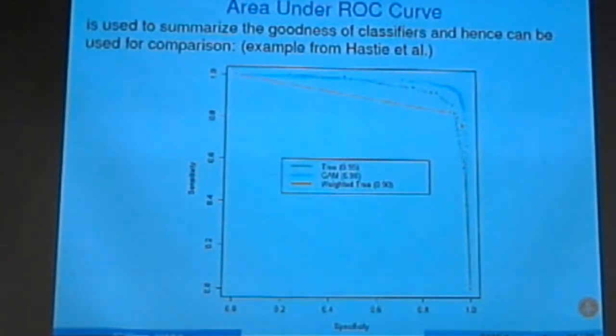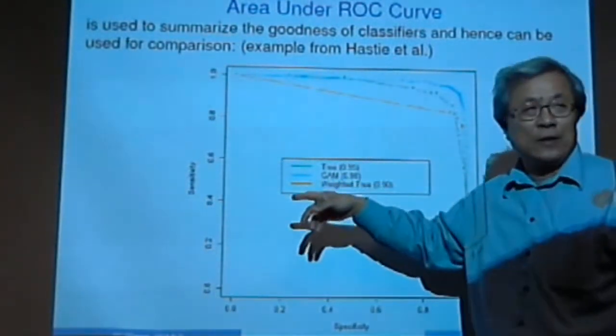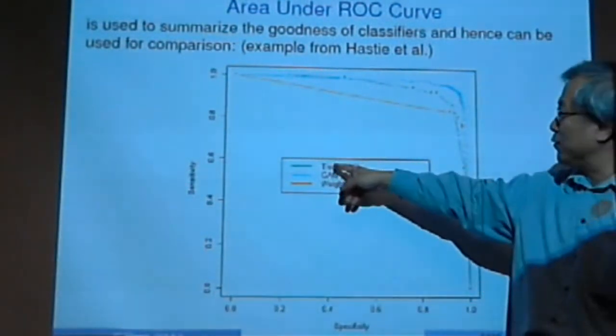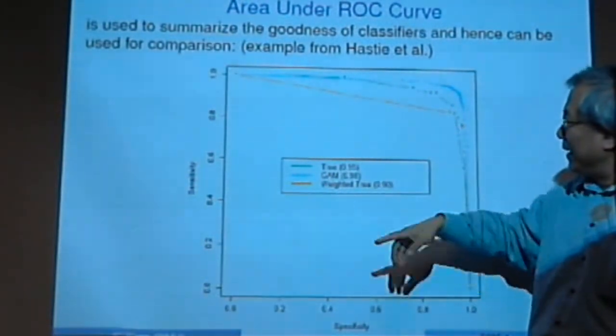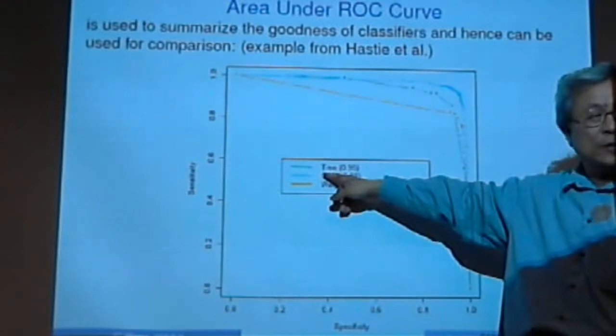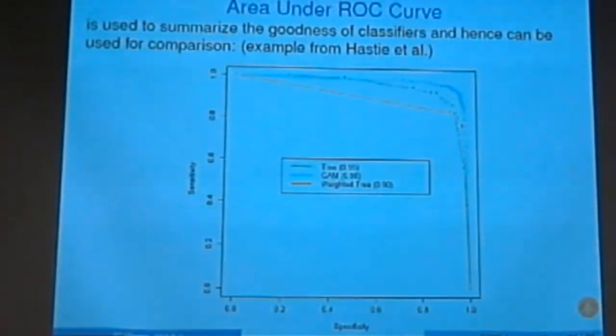Basically, there are three models under comparison. One is the tree model, the green line. One is the GAM, which is the generalized additive model, which I guess we're not going to cover at this moment.